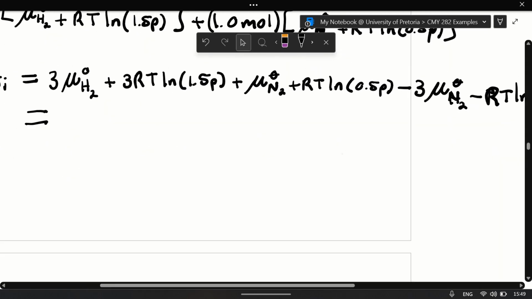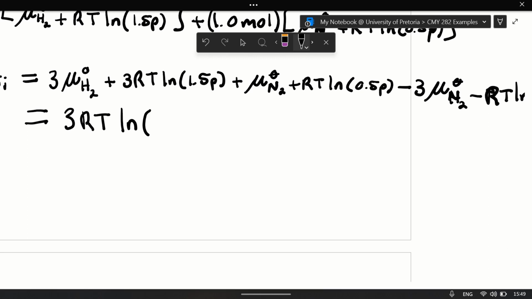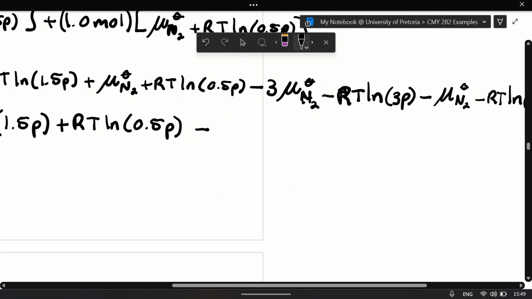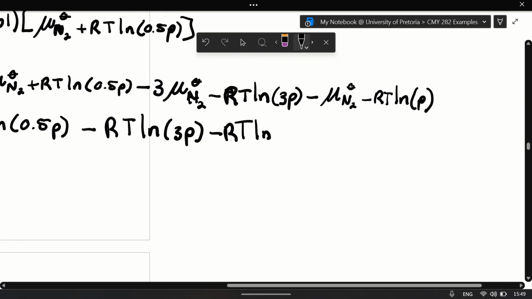So then I'll show you what we're going to do. So we have 3 RT ln 1.5P plus RT ln 0.5P, and then minus RT ln 3P minus RT ln of P.